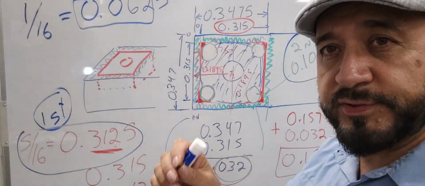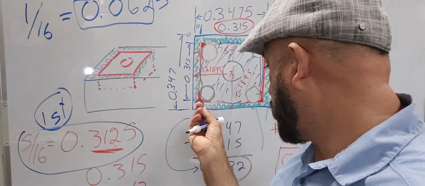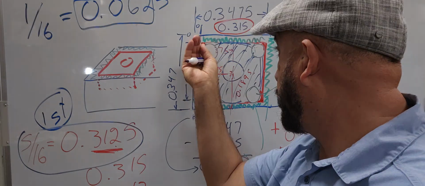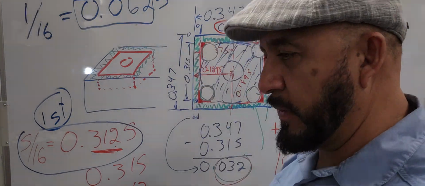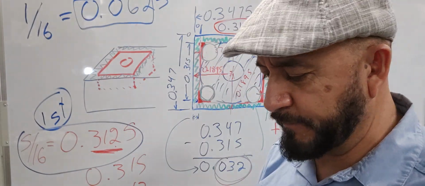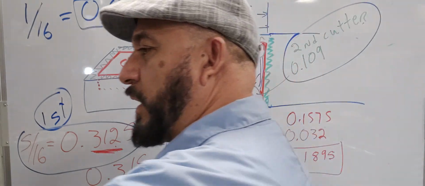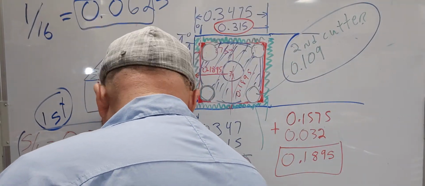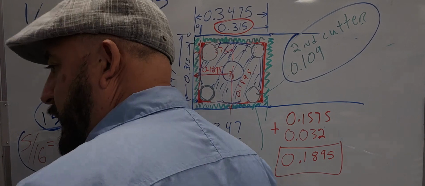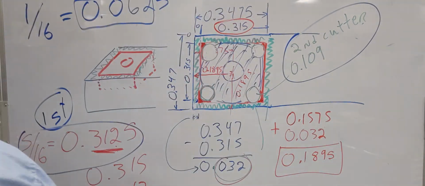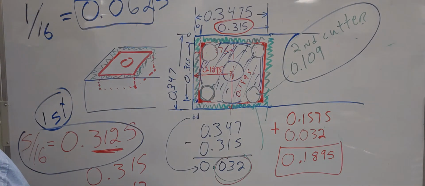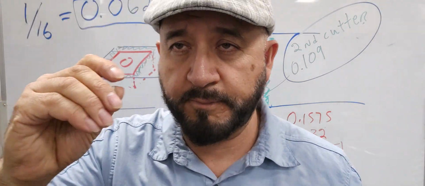And that's the tool that's gonna go into the little corners right here. 1, 2, 3, 4. And get rid of those corners. That would allow us to put that square, the little square nut in there. This square nut has to fit in there.